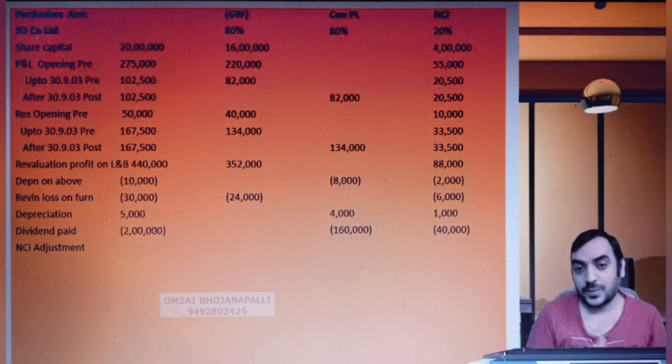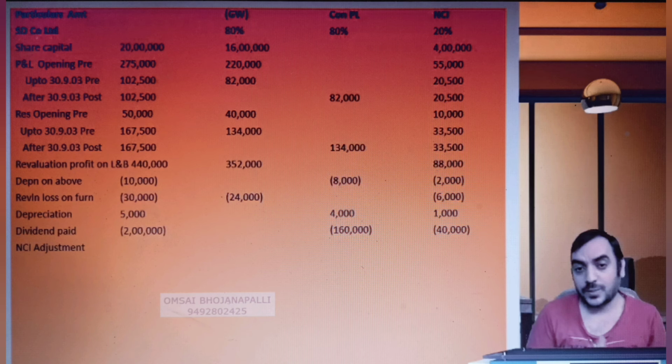Okay, just write note on dividend payments. Note on dividend payments. Date of proposed dividend. When is date of proposed dividend? 31st August 2003.